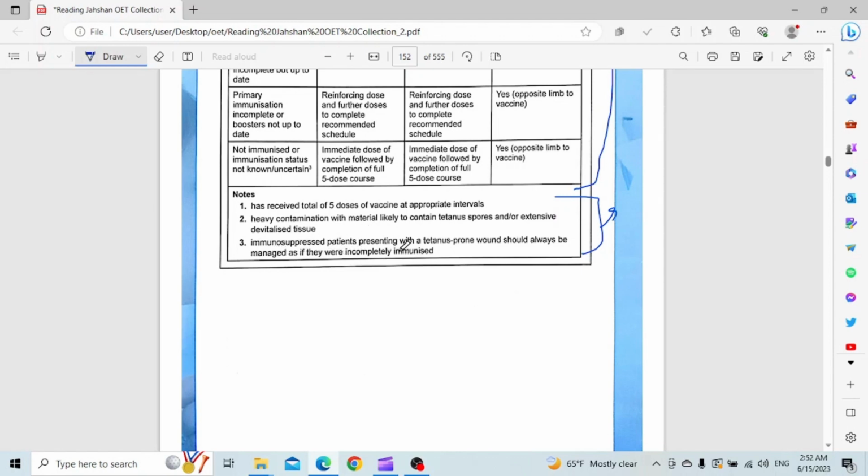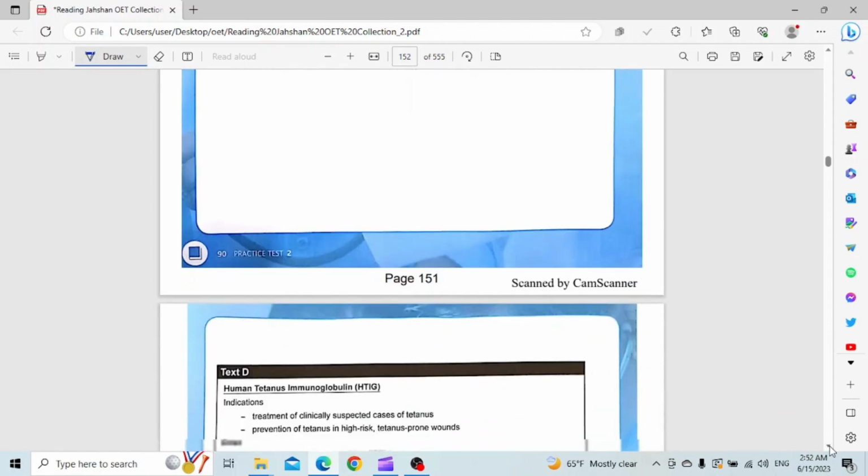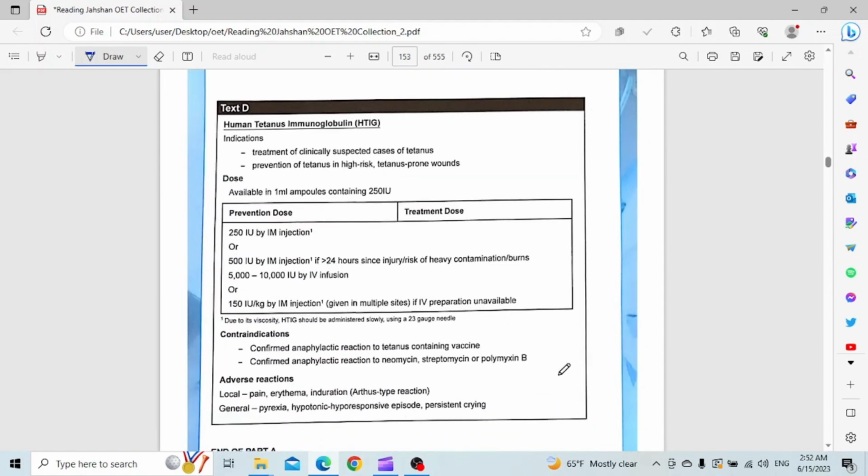Immunosuppressed patient present with tetanus spawn wound should always be managed as if they were incompletely immunized. So the only things that you have to read thoroughly again is the information above and below the table or schema. Then again, this is another table.